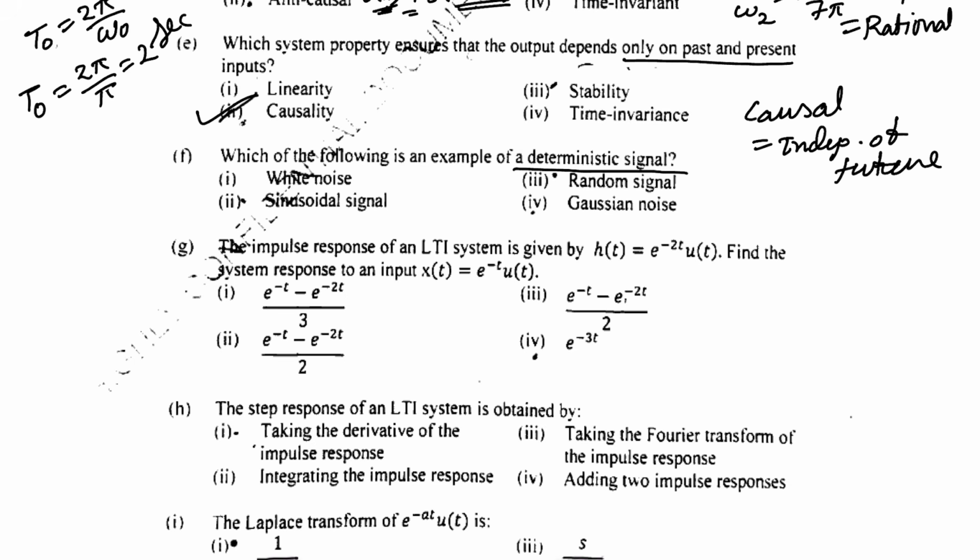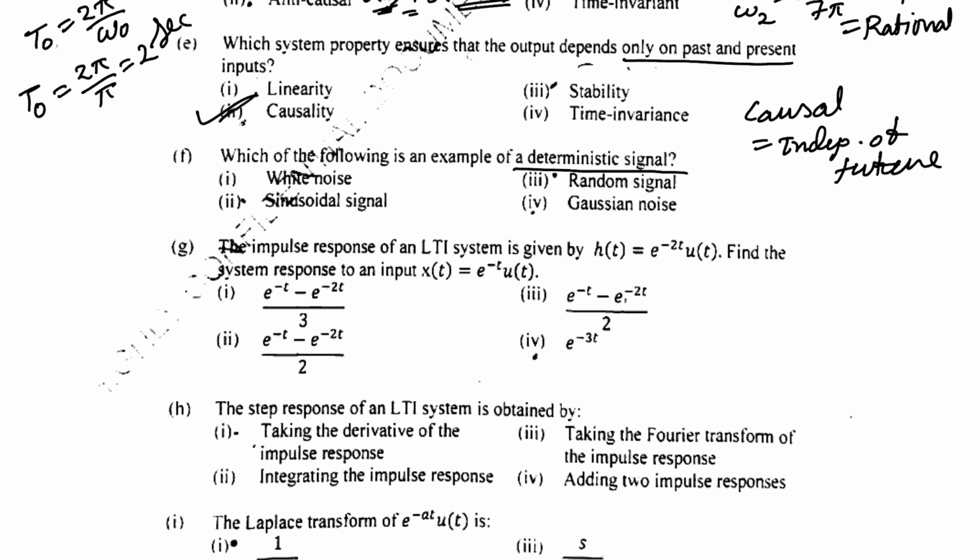Now, question F: which of the following is an example of a deterministic signal? It means the signal whose physical description is known completely at any time. This topic was already discussed in lecture number 1.